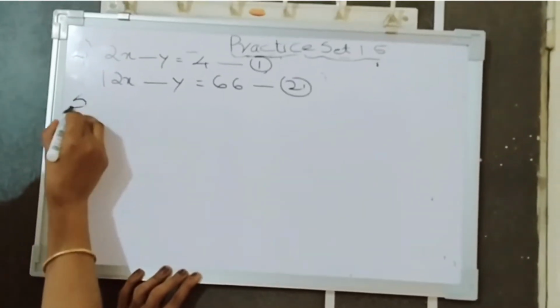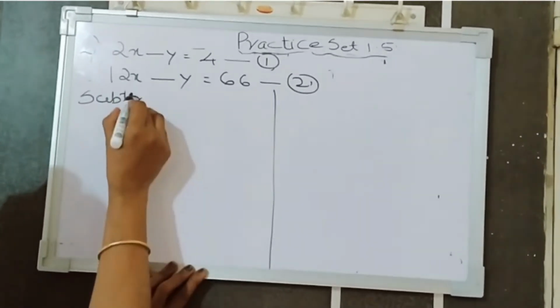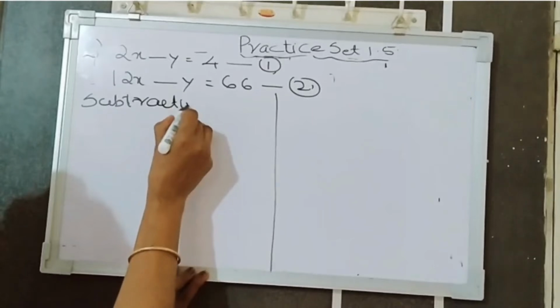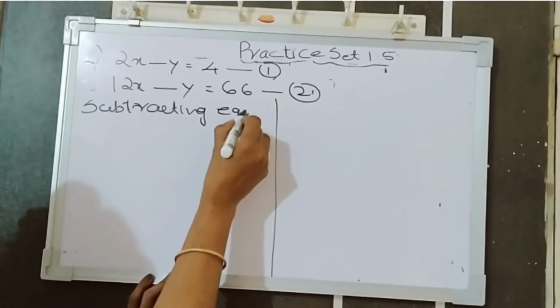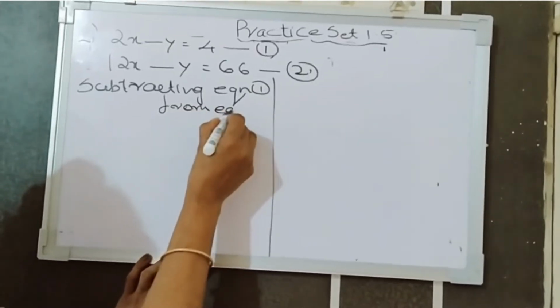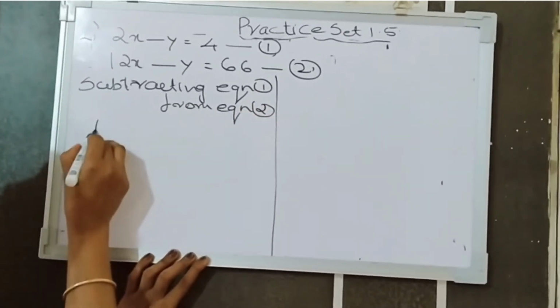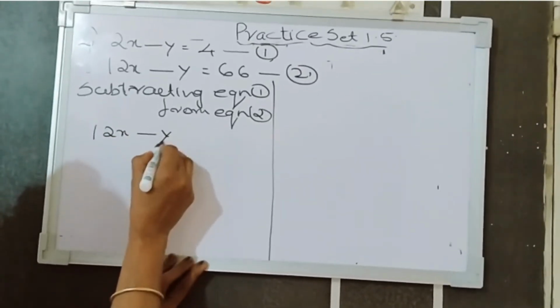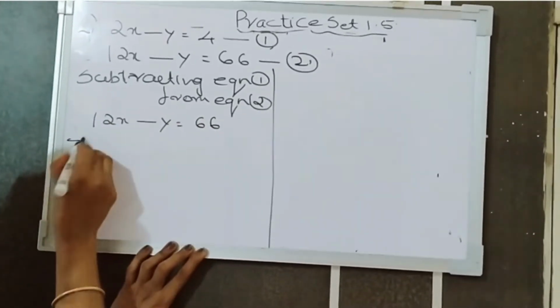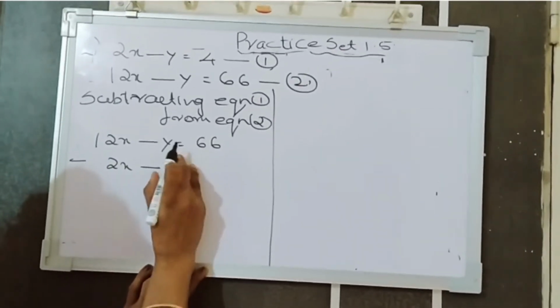Subtracting equation 1 from equation 2. Therefore, 12x minus y equals 66, minus 2x minus y equals negative 4.